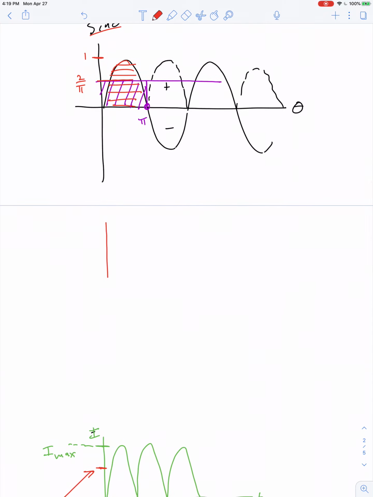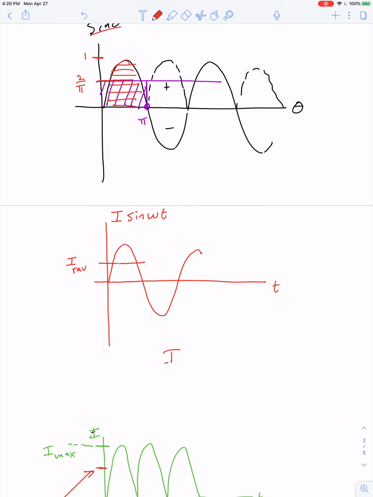Or, better yet, instead of a graph of just sine of theta, what if we had a graph of I times sine of theta, or I times sine of omega t versus t? What is this rectified average value of I?